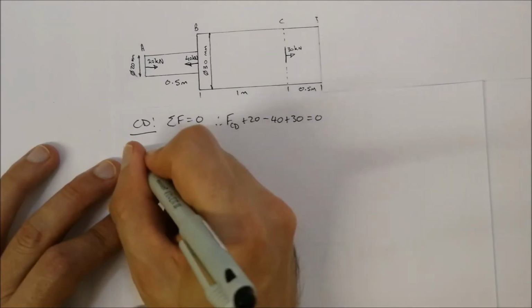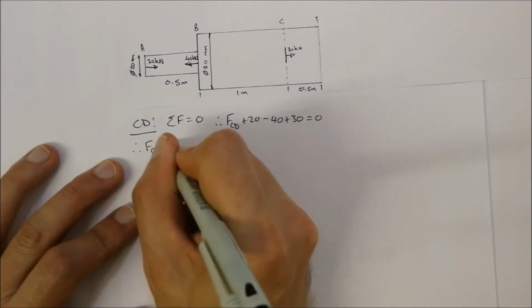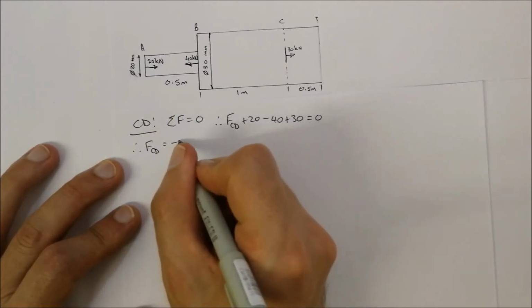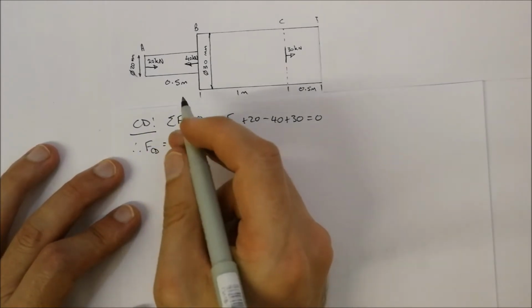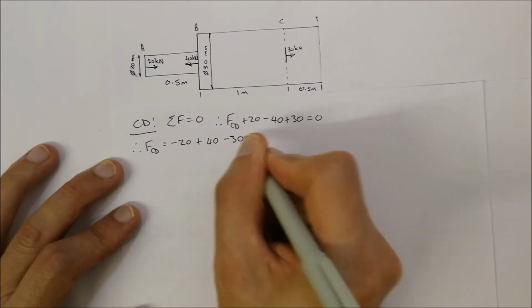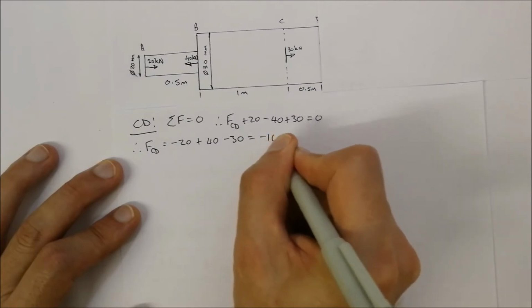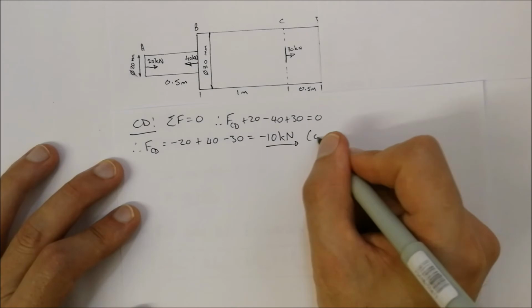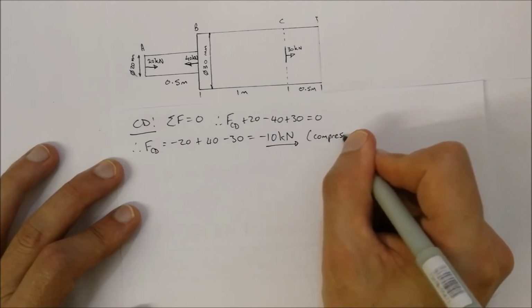So therefore the force of CD is equal to minus 20 plus 40 minus 30, and that's equal to negative 10 kilonewtons. So that tells us that it is compressive.